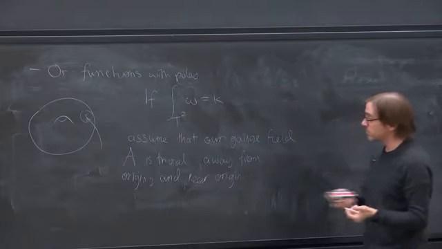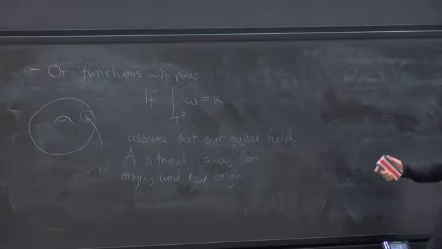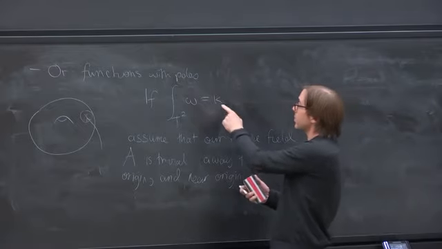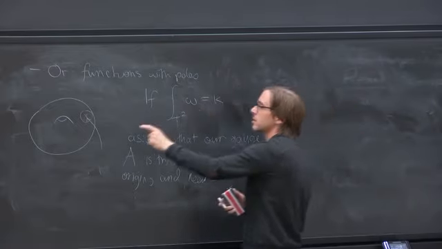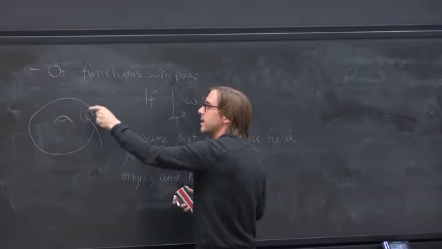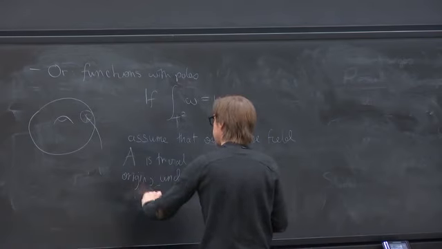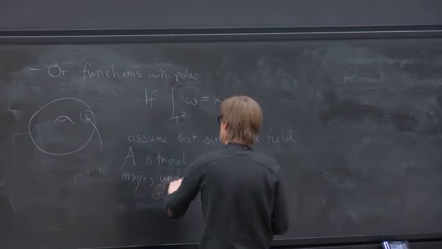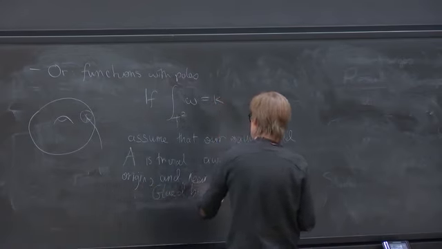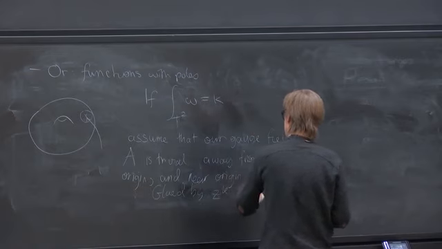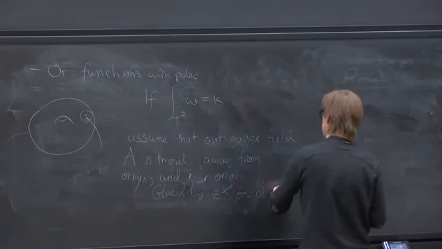And then the same arguments we saw for the 2-sphere say that the gluing data, the gauge transformation which glues them, must have a winding number k. So the gluing is given by the function z to the k on the disk near our point.